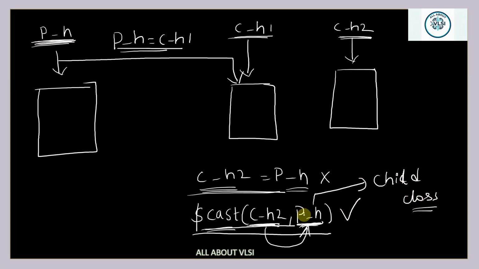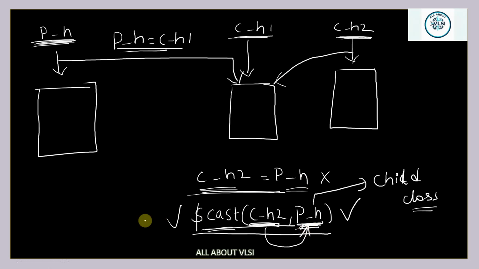So you can convert one child to another child. That means one child handle can point towards another child object, because your p_h is now acting as a child class object. That's why casting will be allowed.